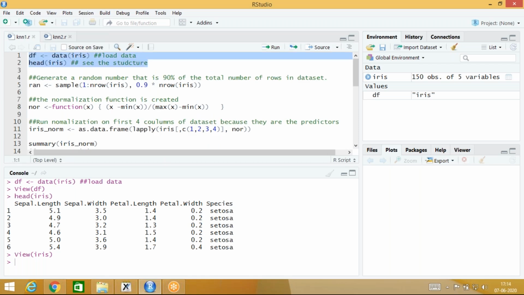Run the first two lines. Just a minute, sir. Got it, sir. Thank you.